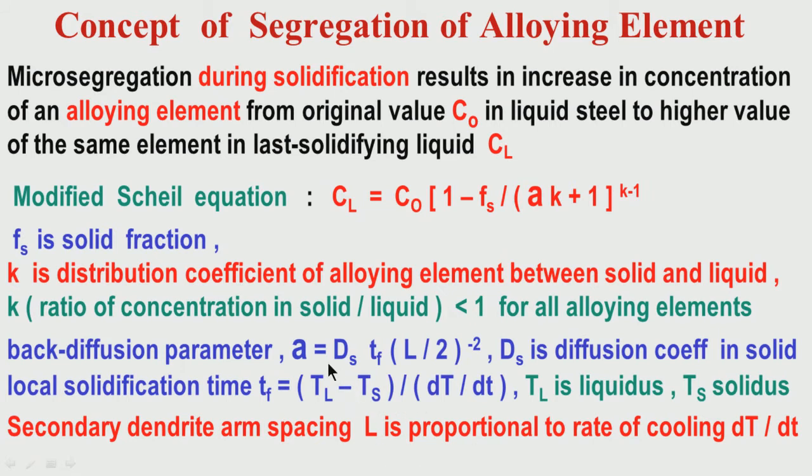So, the higher this temperature interval, the solidification time also increases, and the more the solidification time, the more will be the segregation. So, this is important. TL is the liquidus, TS is solidus.